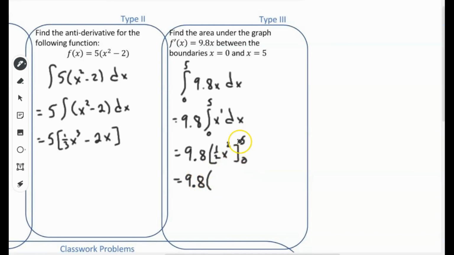And we'll substitute 5. So we have 1/2 times 5 squared. And then we subtract that same function, substituting 0, which is just 0. Alright. And multiply all that through, we'll get 122.5.